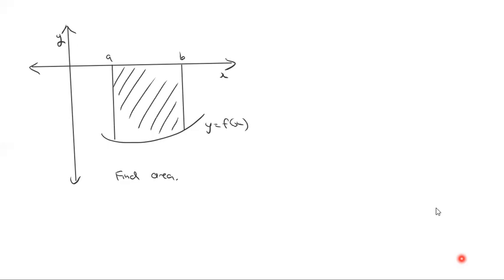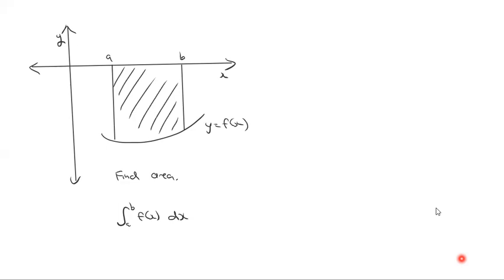Well, can you just do the same thing? You could definitely find the integral from a to b of f of x dx. But if we do that, we're going to find that this answer is negative.